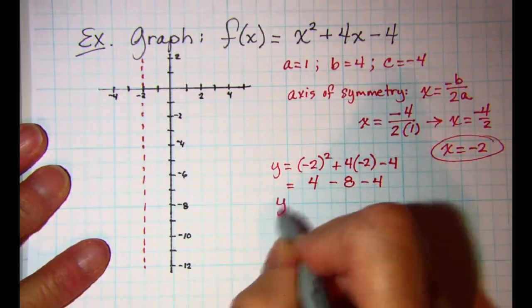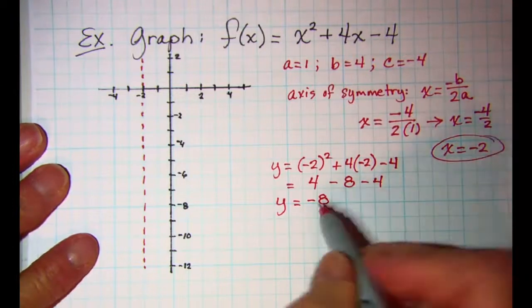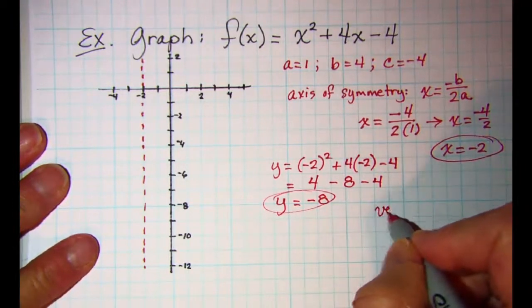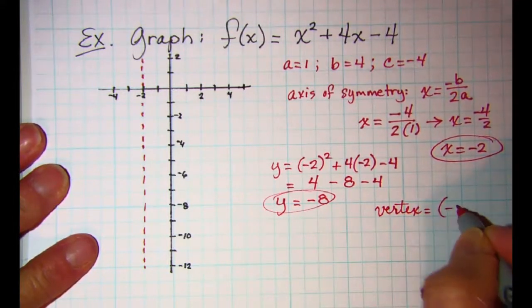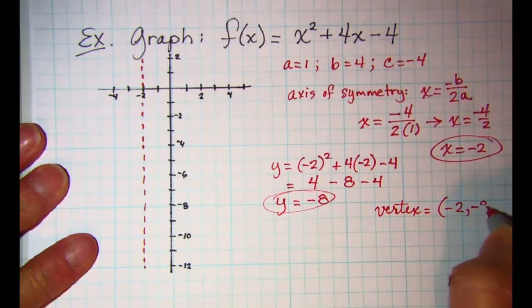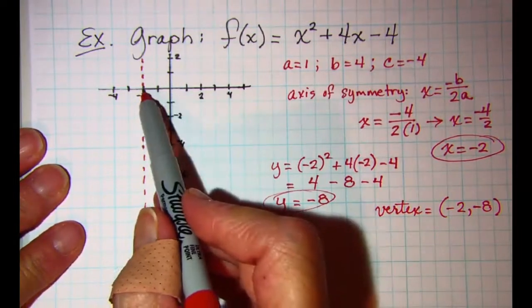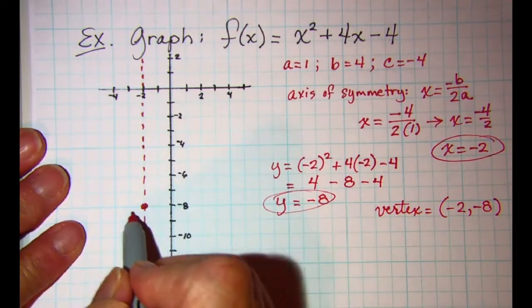So y equals negative 8. Using these two values, then my vertex will be at negative 2, negative 8. This is my vertex.